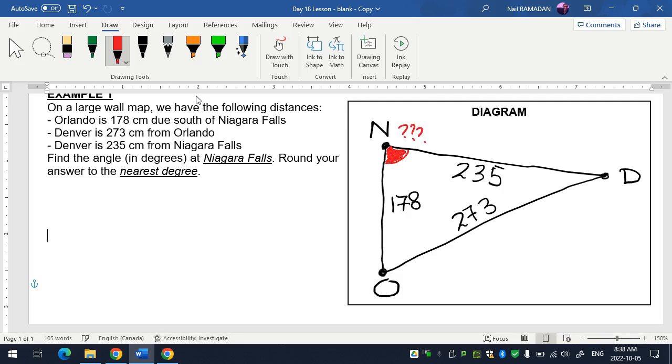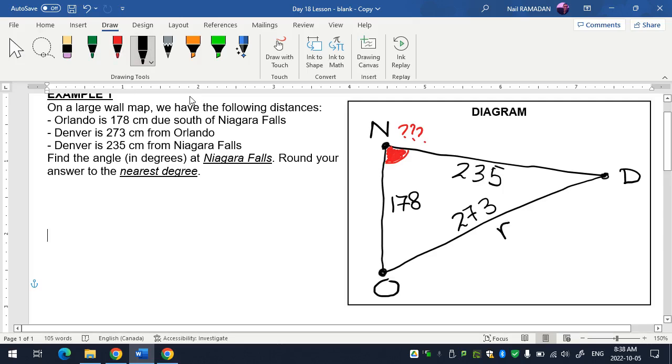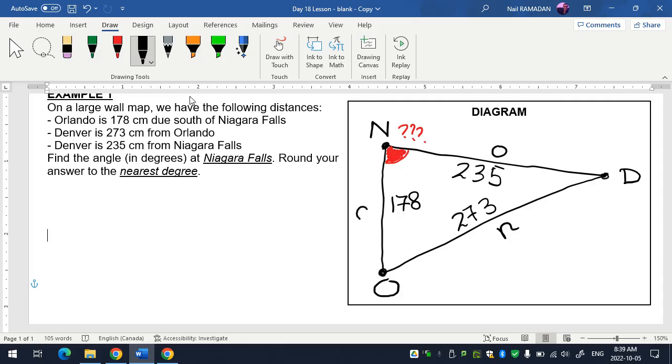Okay? All right. So let's name the sides because the corners have been named already. So I guess this one would be small n. And this one would be small o, so just a small circle like this. And this one will be small d.